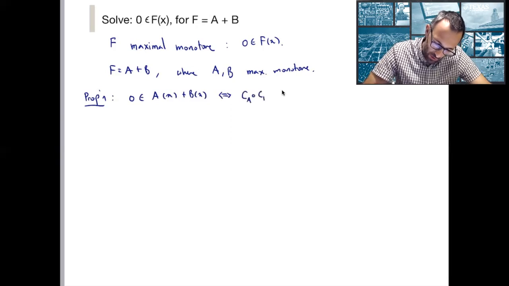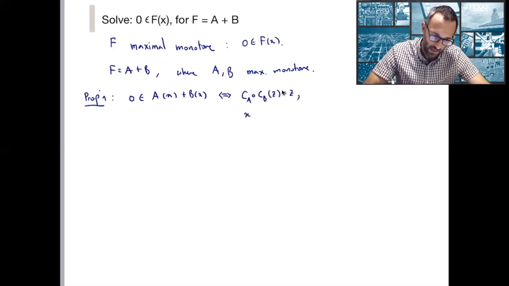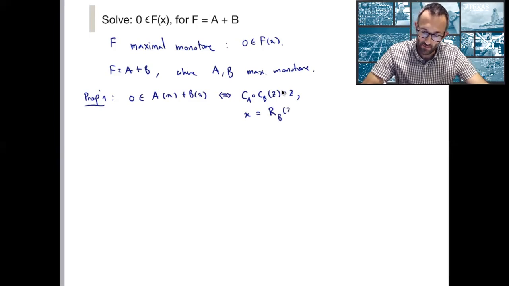C_A composed with C_B of Z equals Z, and X is equal to the resolvent operator with respect to operator B of Z.